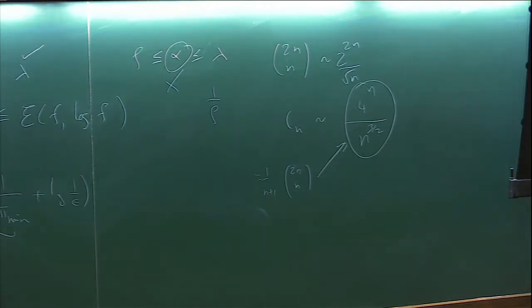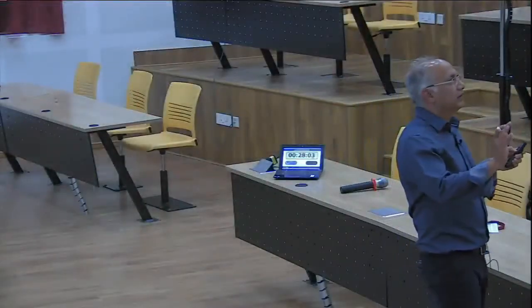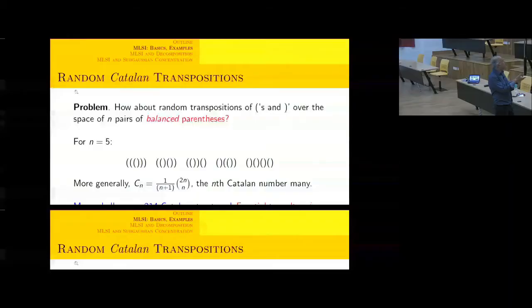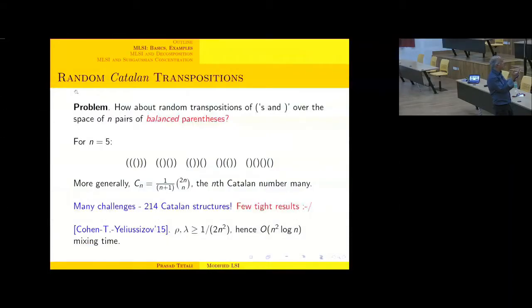Maybe in the open problem session I can mention a couple of other very nice ones, including Aldous' n to the 3/2 relaxation conjecture. That's still wide open. The best known bound is like n to the 4 or something terrible for triangulations of a regular polygon.